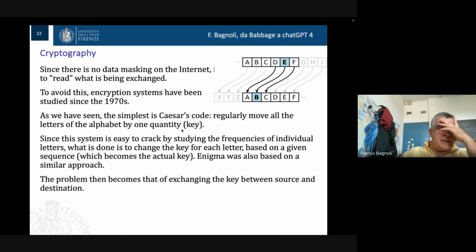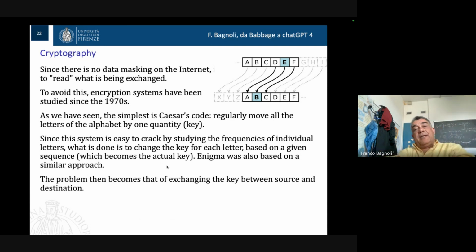This way of coding can be easily broken simply by looking at the frequencies of symbols. For instance, the E is much more common than the B, so you can discriminate this shift simply by looking at the abundance of the symbols of your patterns.